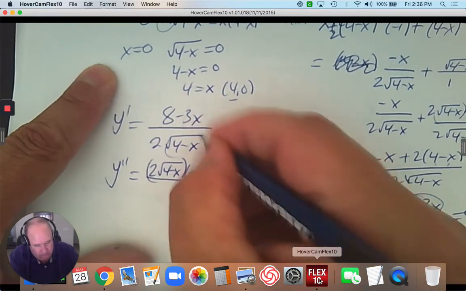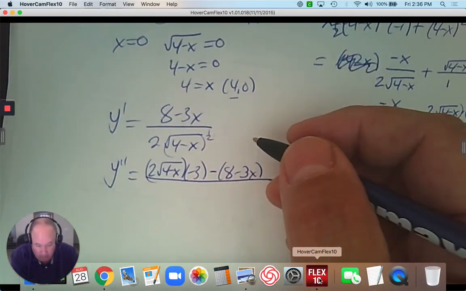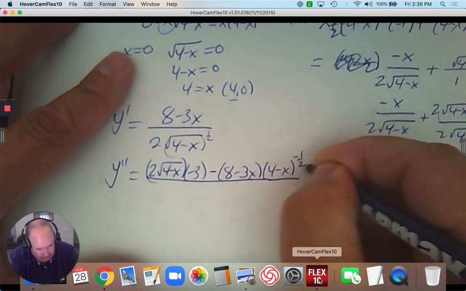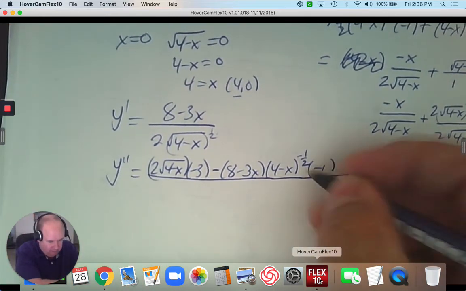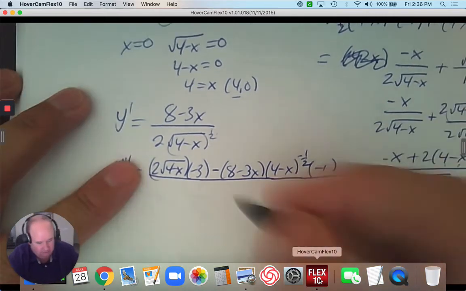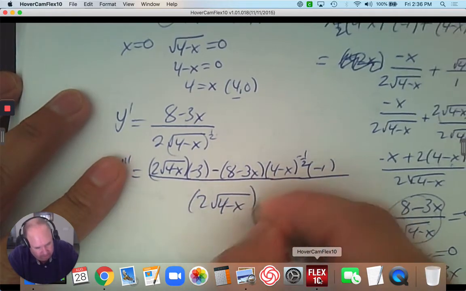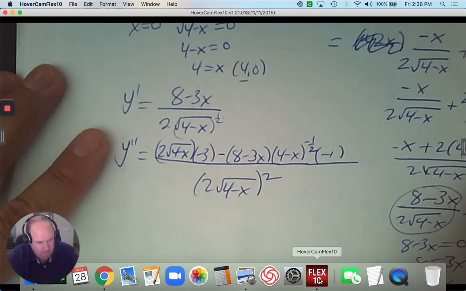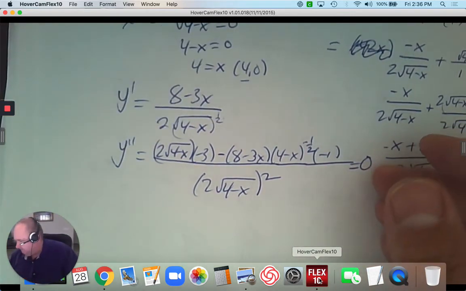If I took this to the 1/2, 1/2 times 2 would just be 1. So it would just be 4 minus x, and then subtract 1 from the exponent, and you would have a negative 1 as a hook-on factor, because the derivative of negative x is negative 1. Then you would square this, make it equal to 0, and solve it.